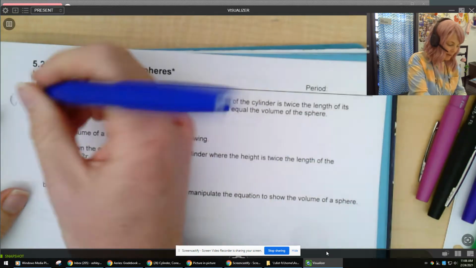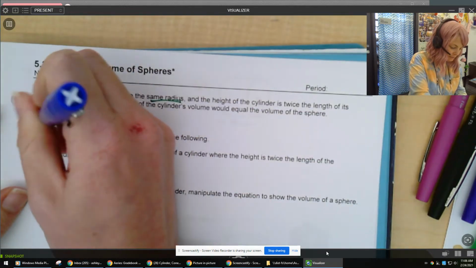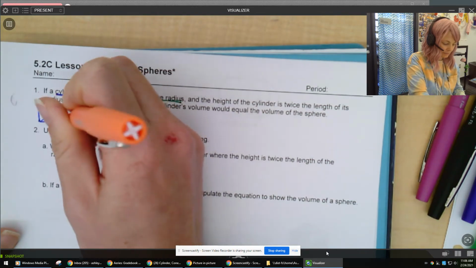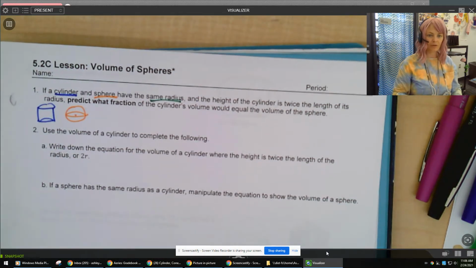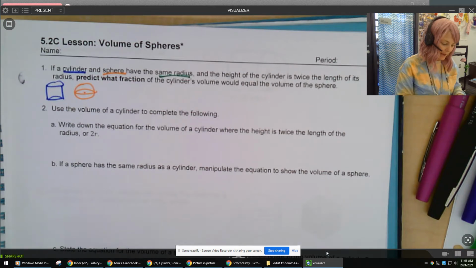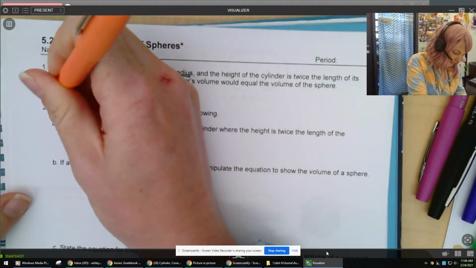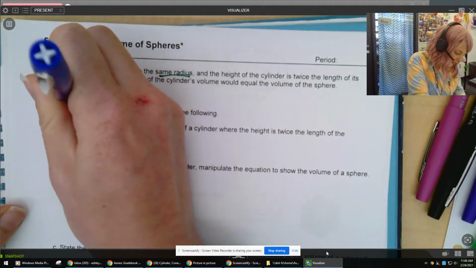So let's think about this. We have the cylinder and we have a sphere. Maybe yours look better than mine. We know they have the same radius, so this is equal to r for the radius.